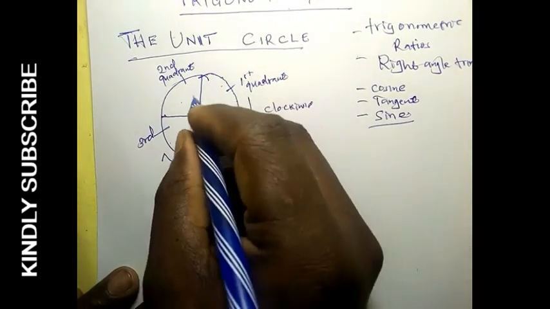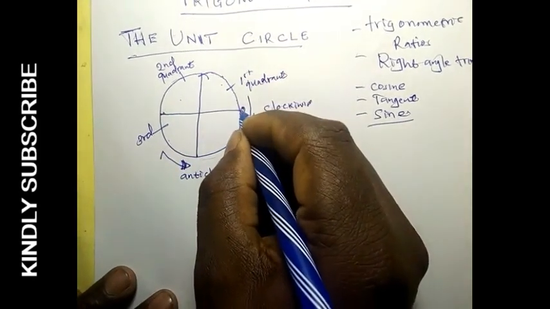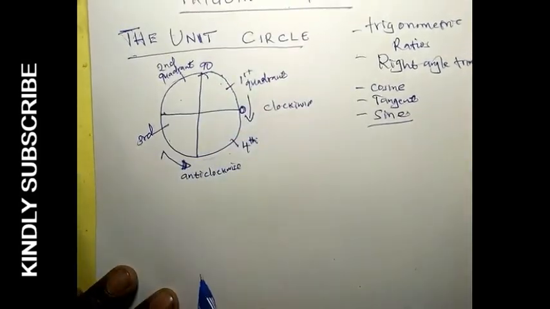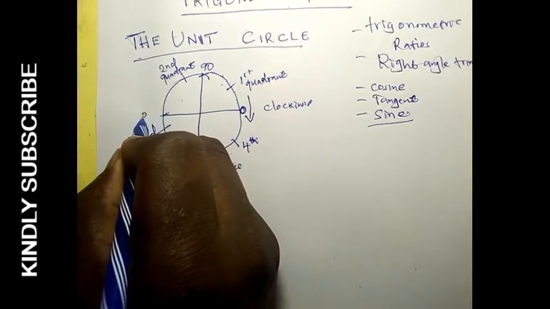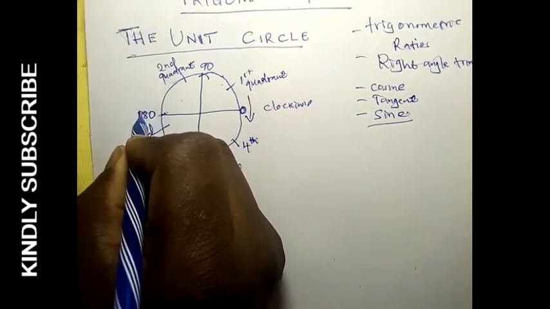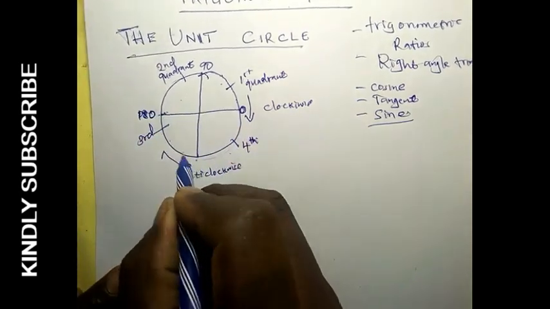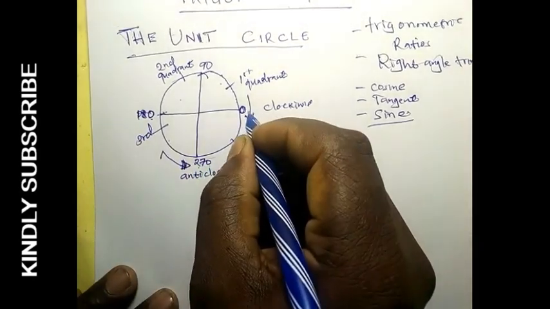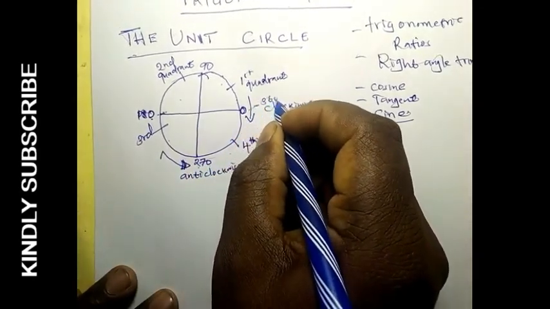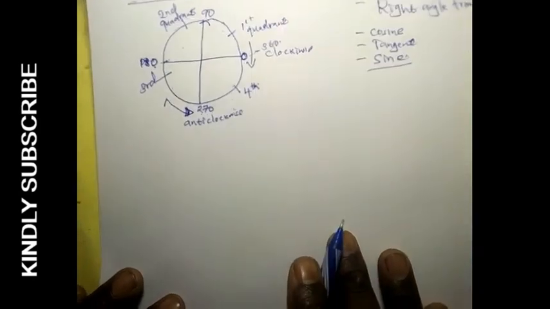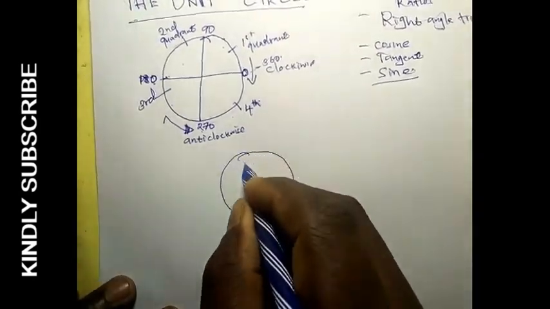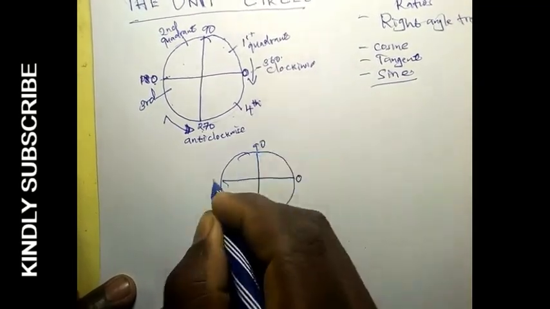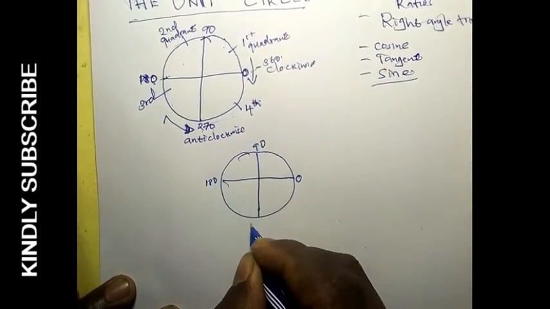Very good. So in the unit circle, we start here at 0. At this point it is 90. At this point it is 180. At this point it is 180 plus 90, that is 270. 270 plus 90, we again come to 360. Very important to note that a unit circle starts at 0, 90, 180, and then 270.